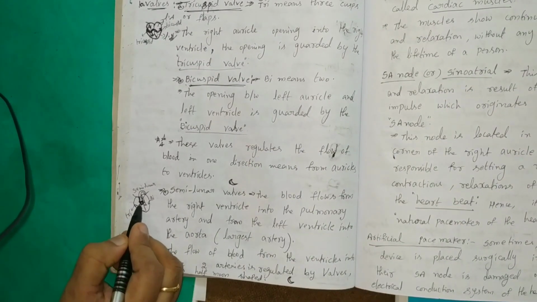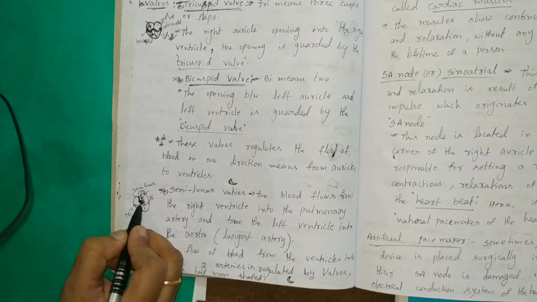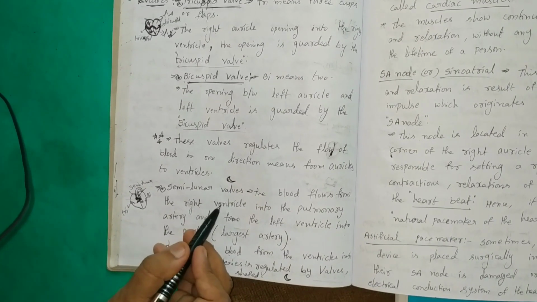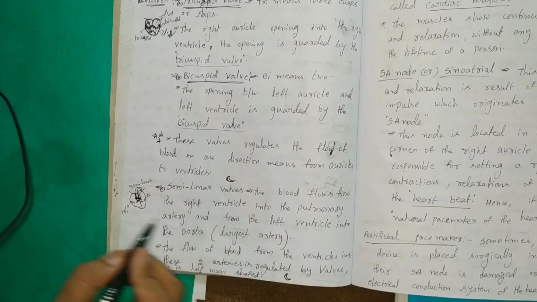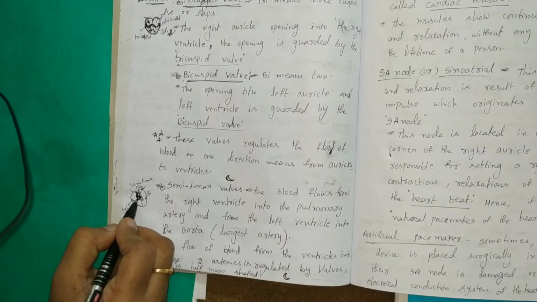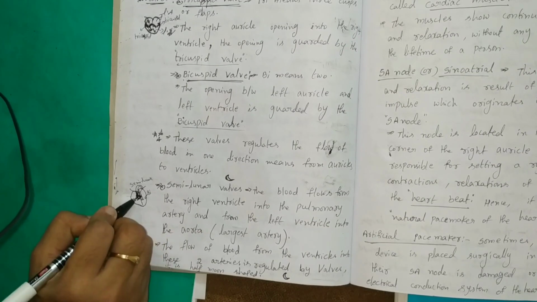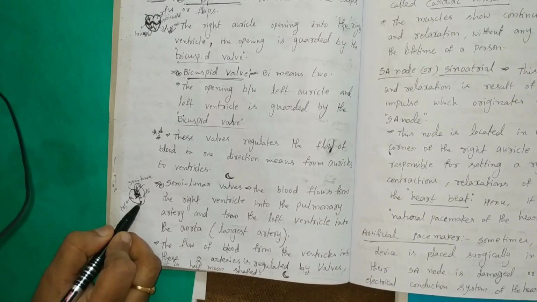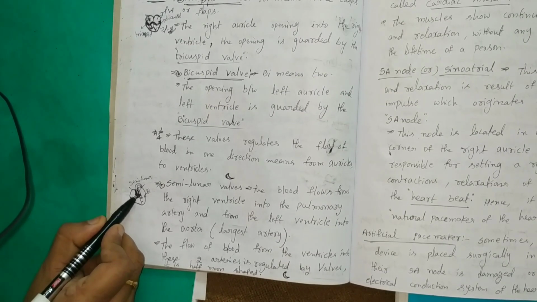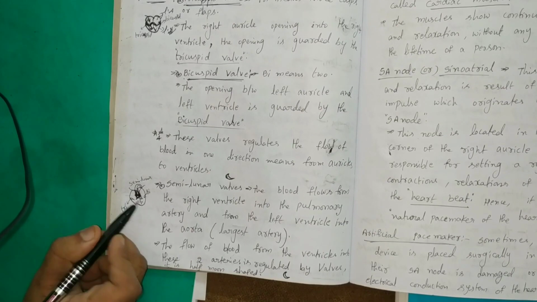Here this is the right ventricle, this is the pulmonary artery. Here valves are present, and also from left ventricle to aorta. In the aorta also valves are present.